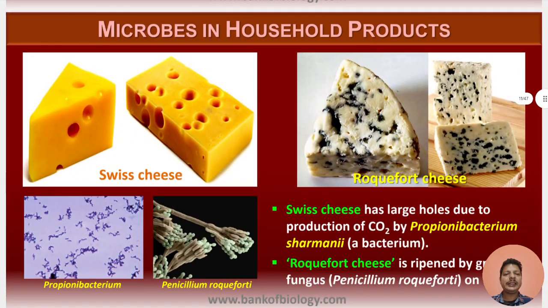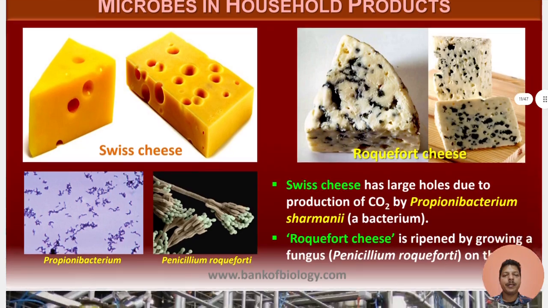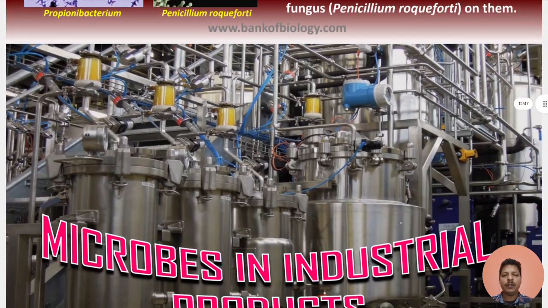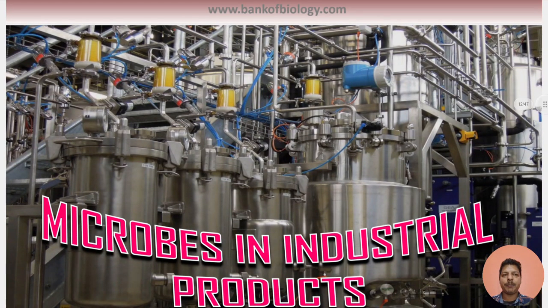Here, Swiss cheese has large holes due to production of CO2 by Propionibacterium sharmanii, a bacterium. And Roquefort cheese is ripened by growing a fungus, Penicillium roqueforti, on them. You can see in the diagrams. Then microbes in industrial products.